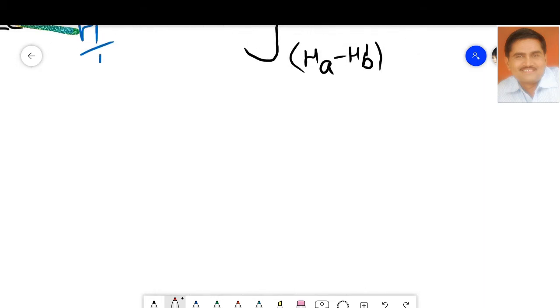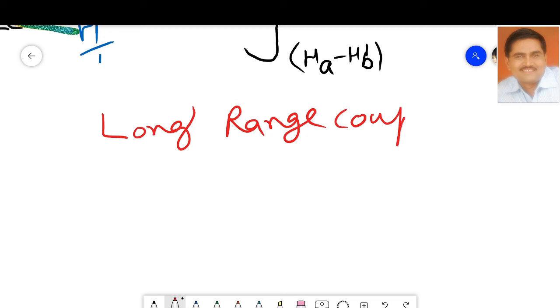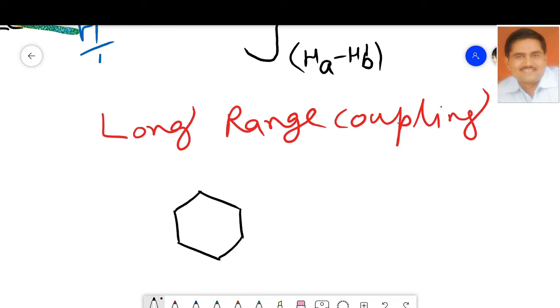Okay, long range coupling. Now for this long range coupling, we take the example of an aromatic compound.